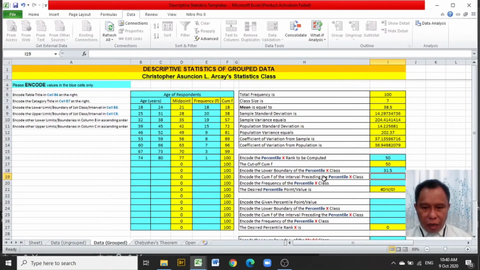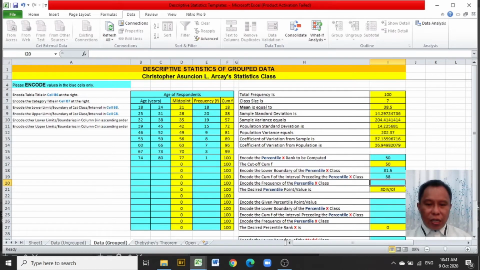Then, next is to encode the cumulative frequency of the interval preceding the percentile X class or the median class. We know that the median class is 32 to 38 and its cumulative frequency value is 57. The cumulative frequency of the interval preceding it is 38. So encode 38.